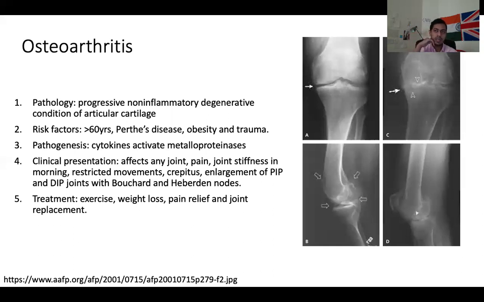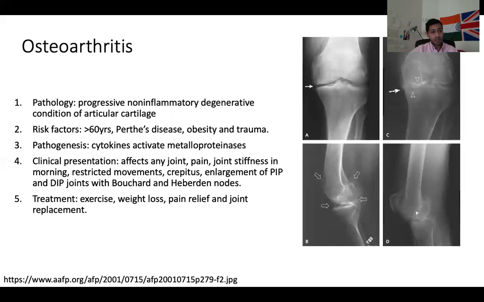Osteoarthritis tends to be a lot longer, or sometimes throughout the entire day, and it actually gets worse on usage of our joints as we move about a lot.